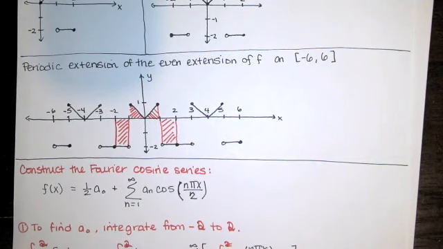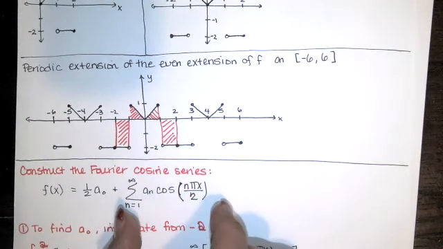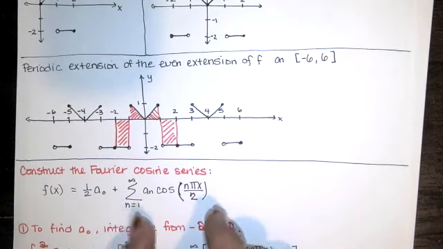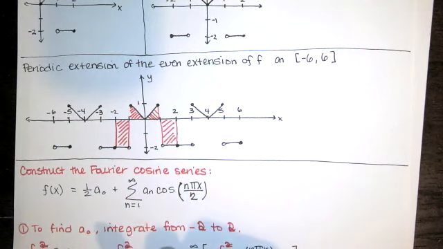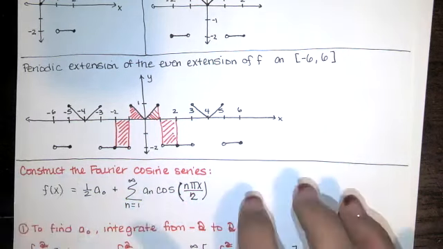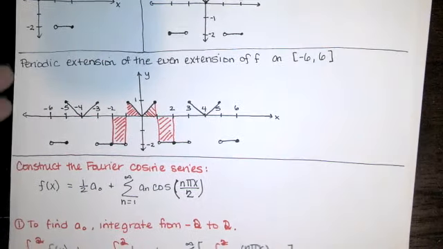And now we want to find the a sub n. To get rid of almost all of these, because we've got infinitely many of them, we multiply by cosine of m pi x over 2. Multiply everything in this equation by cosine of m pi x over 2, and then use those identities that we used before.